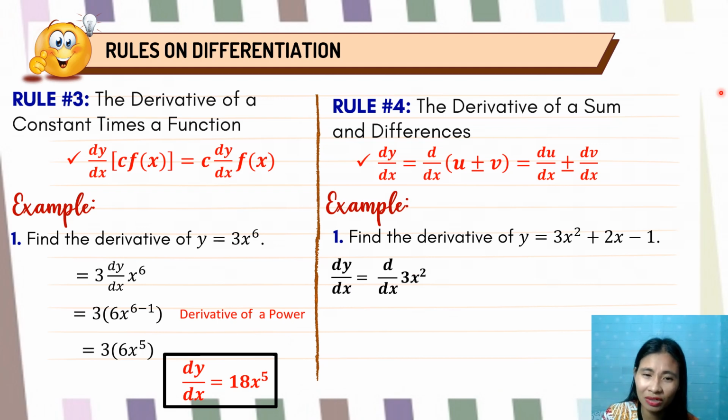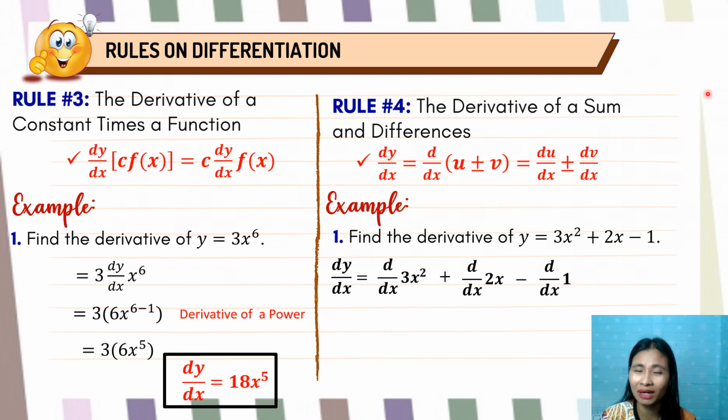So this expression now becomes derivative of 3x squared plus derivative of 2x minus derivative of 1. Observe. We have 3x squared, 2x, and 1. We try to separate the terms because it would be easier for us to differentiate term by term than looking at the expression, which feels complicated. So now, let's differentiate the terms.